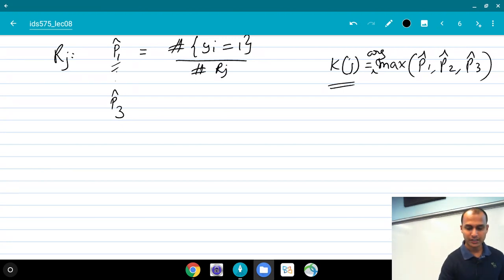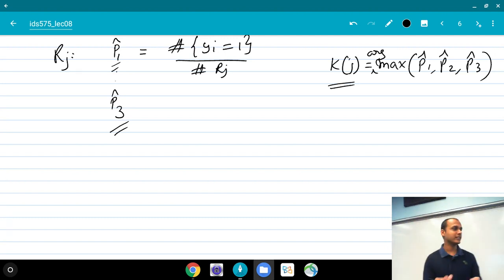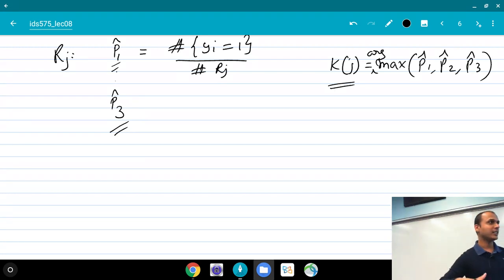So we're going to maintain 3 numbers. These 3 numbers are easy to obtain. Unlike the regression case, where there were c's, and those c's were also easy to obtain, just the average of the y's, here the 3 numbers are easy to compute if somebody gave you the region. Just look at all the points and get the proportions. Now for a classification tree, you still have to do this variable selection and splitting, right?